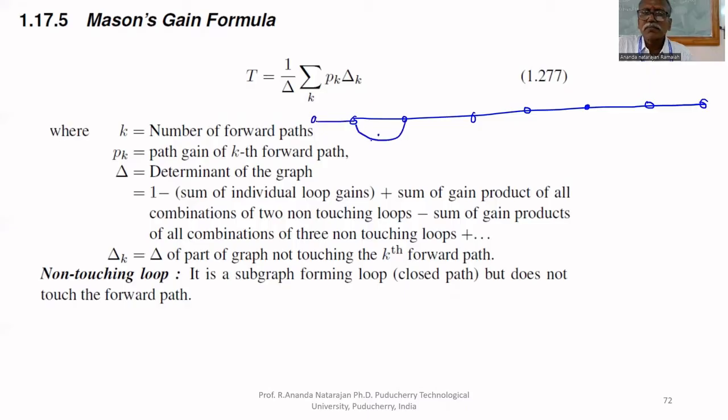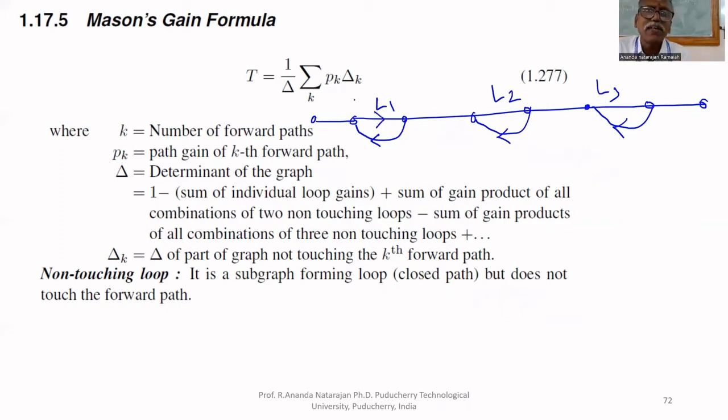One loop is here. Another loop is here. Another loop is here. This is L1. Loop 1, loop 2, loop 3. L1, L2, if you consider, are non-touching loops. L2, L3 are non-touching loops. L1, L3 are also non-touching. Therefore, three components you will get.